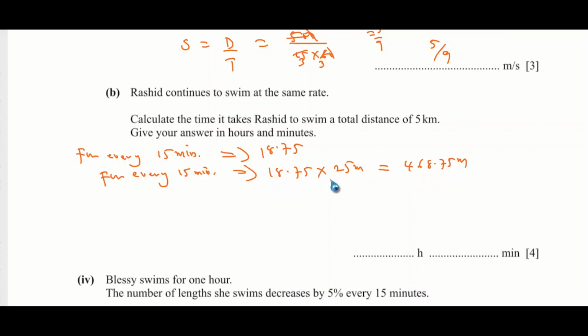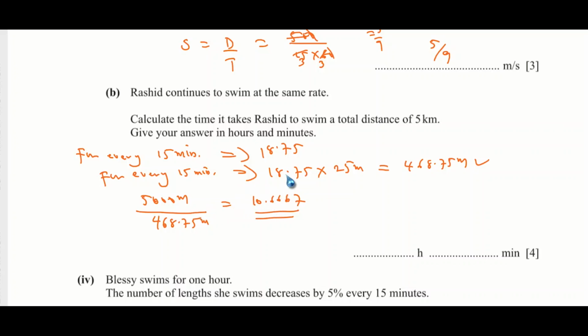Now, how many lots of 15 minutes are there in 5 kilometers? 5 kilometers is the same as 5,000 meters. If you divide the 5,000 meters by 468.75 meters, it will give you the lots of 15 minutes in 5 kilometers. So this will give you 10.6667.